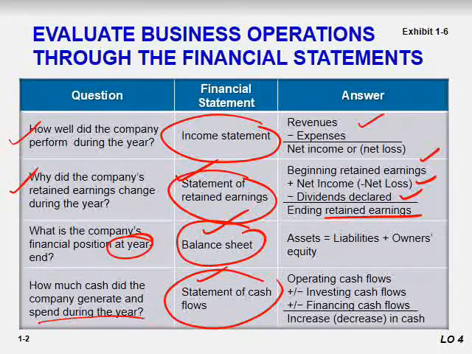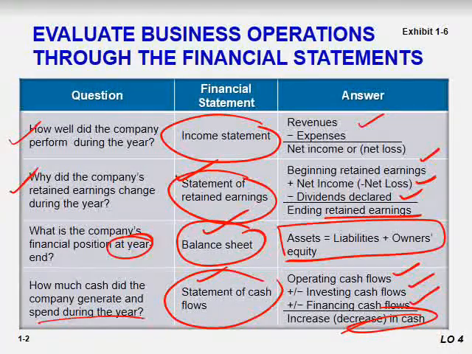The formula is operating cash flows plus investing cash flows plus financing cash flows, and at the end you have either a positive or a negative number. The formula for the balance sheet is the accounting equation: assets equal liabilities plus owner's equity.